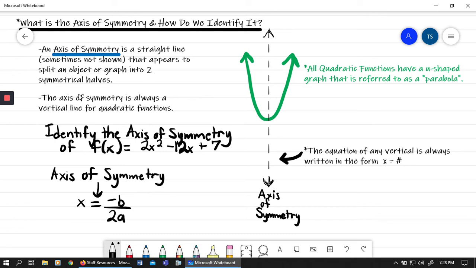In this standard form, we should already recognize what our a, b, and c are, because it's already in the right form. We should recognize a as 2, b as negative 12, and c as 7.